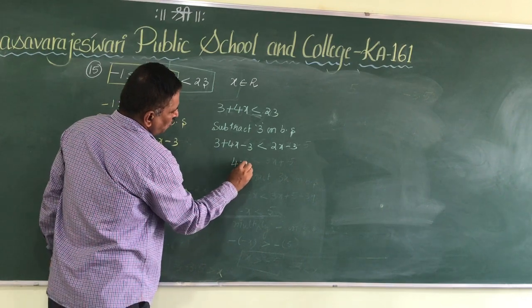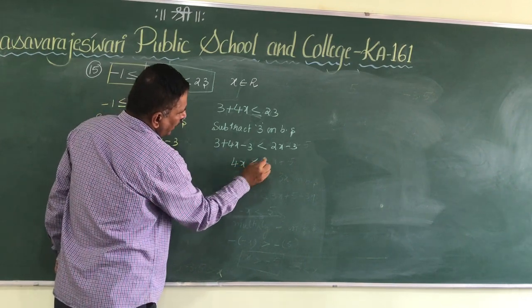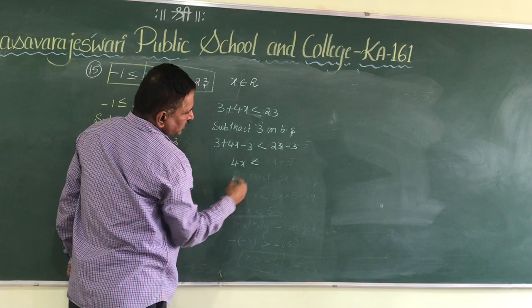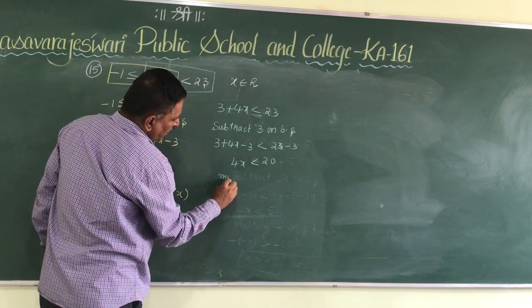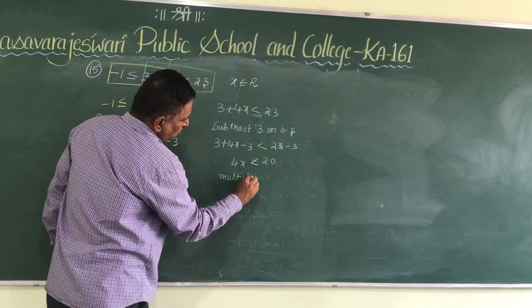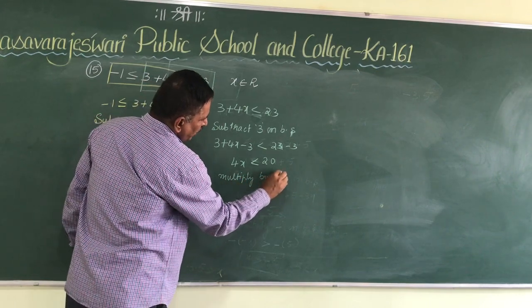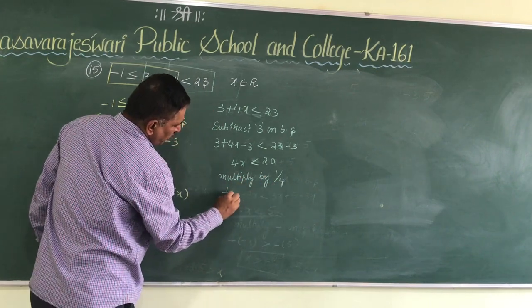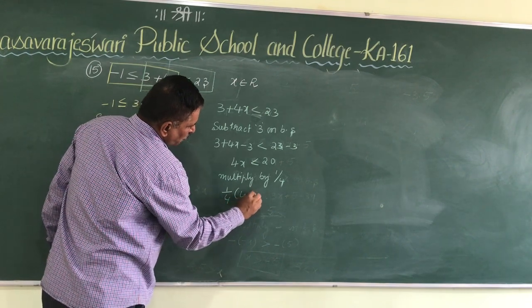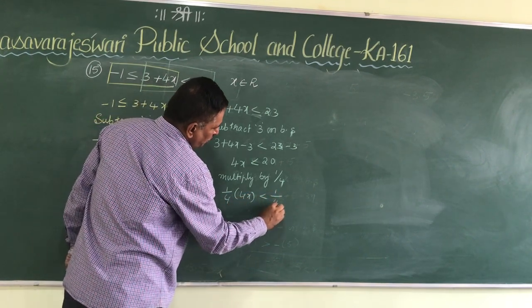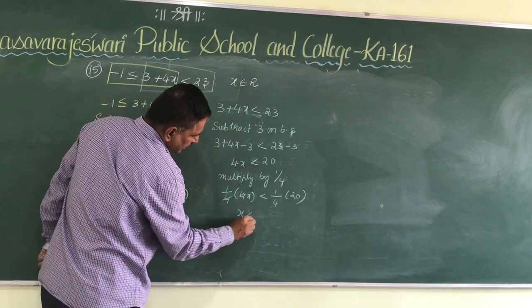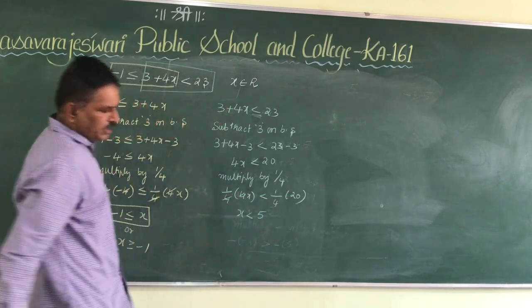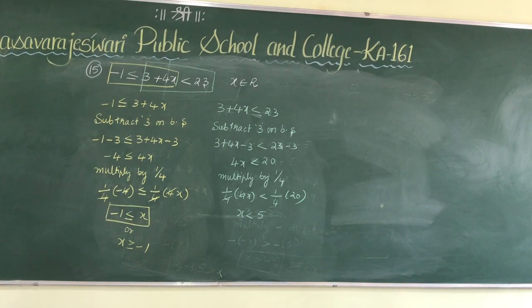So that I will get 4x is less than what? 20. So what should I do? Multiply by 1 by 4. So 1 by 4 into 4x is less than 1 by 4 into 20. So that I will get x is less than 5. x is less than 5.